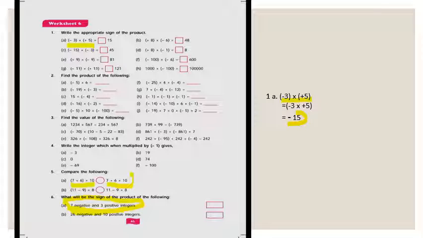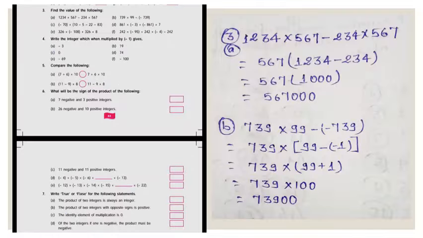Now I am going to show you the solutions of a few questions of question number 3. In question 3a, 1234 multiplied by 567 minus 234 multiplied by 567.